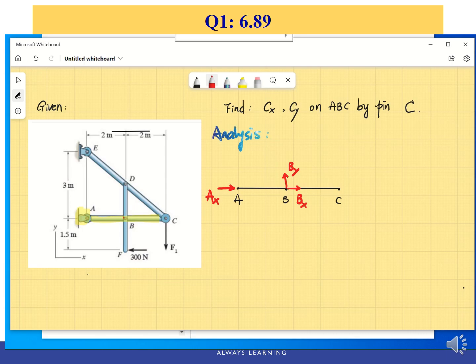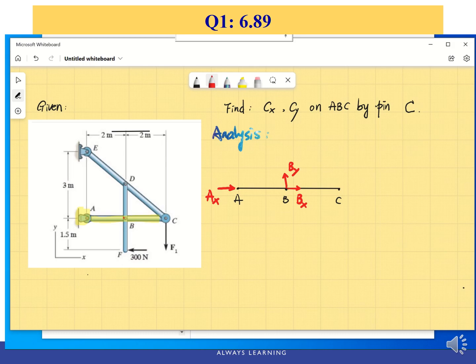This is the first time we're showing those unknown forces, so it doesn't matter which direction you put them, but just keep them consistent for the next free body diagram if you're going to show a reaction of this pair. For now, I assume both forces are in the positive directions.